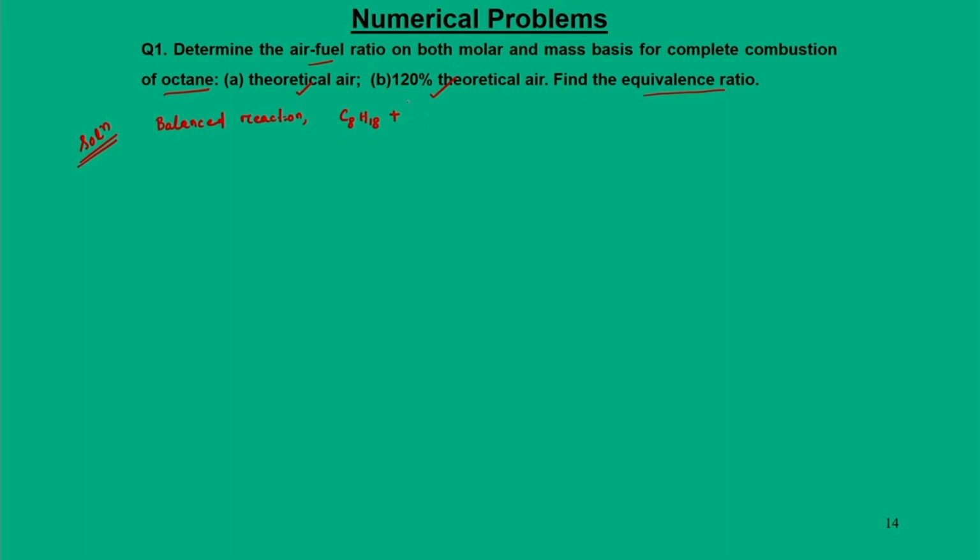We do not know the coefficients, so I will write A times O2 plus 3.76 N2. It will give B times CO2 plus C times H2O plus D times N2.